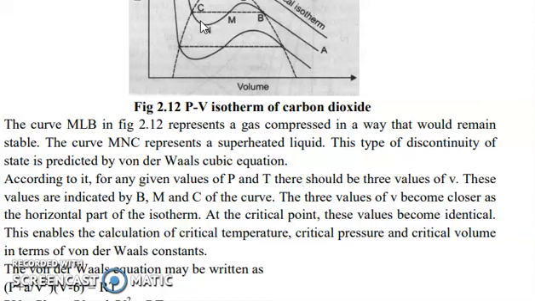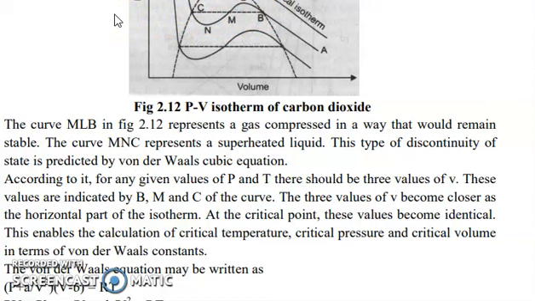According to it, for any given values of pressure and temperature, there should be three values of volume V, and these values are indicated by B, M, C. Look at BMC, this value, and this value.